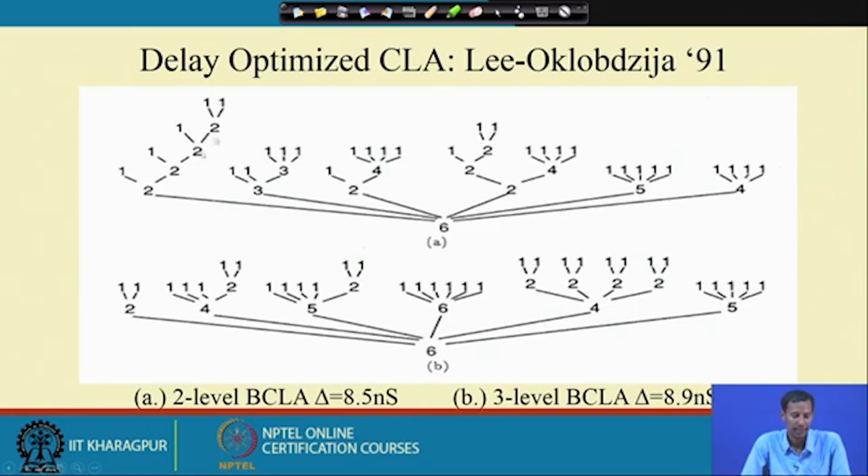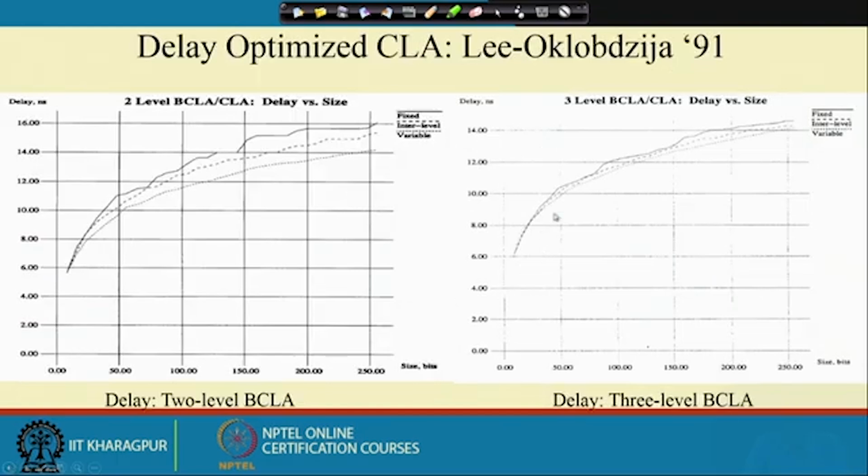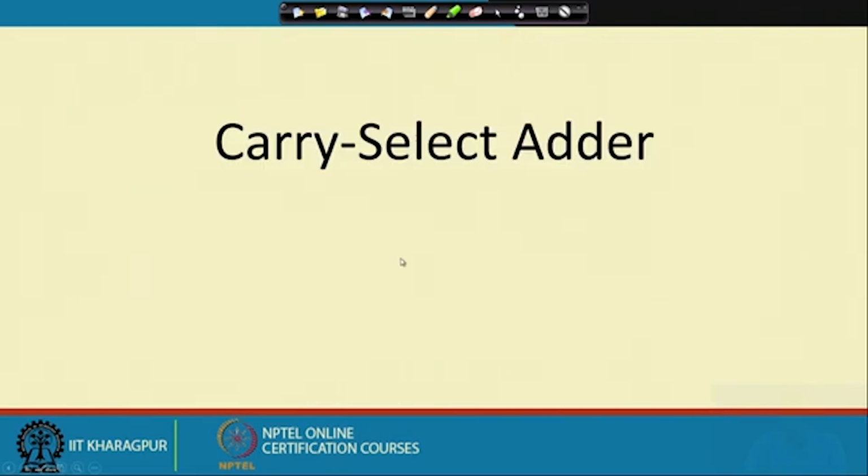But the levels if I consider, then 1, 2 and then 3. But here the delay is 8.5, but in this particular case the delay is 8.9. In the previous slide also, if you just see, it has slight difference. If we increase the level, it has slight difference from the 2 level CLA optimization. Okay.